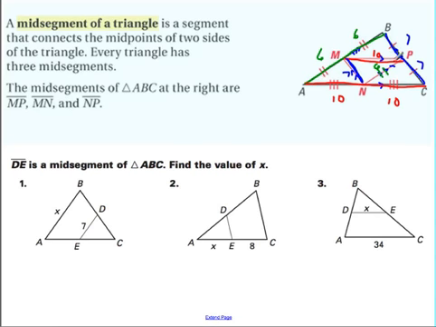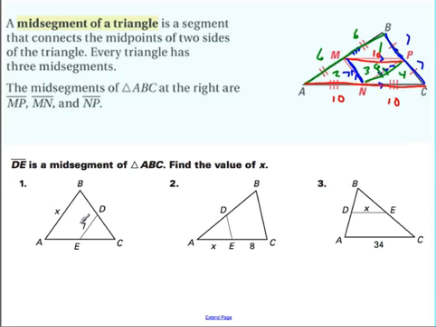Green, red, blue, green, red, blue, as we go along. So actually what happens is we have four triangles that are exactly congruent. That'd be 1, 2, 3, and 4. Four complete triangles that are completely congruent. That's what happens when you connect all the mid-segments.